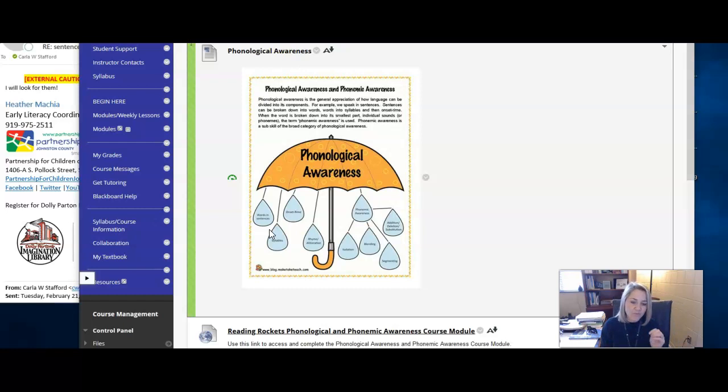Onset and rhyme would be like k, Arla, being able to pull apart the beginning sound versus the rest of the word. And then rhyme and alliteration is a lot of play with words, identifying words that have the same beginning sound, and of course rhyming is the same ending sounds. And then you get down to individual phoneme isolation, where they would be counting out the individual phonemes in words.